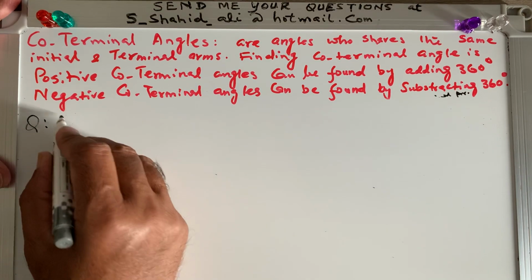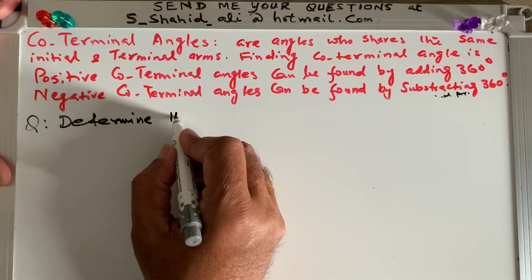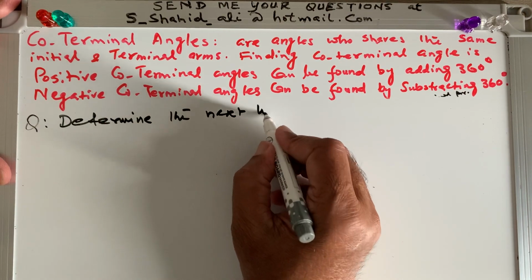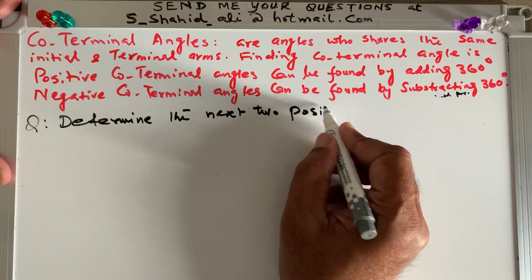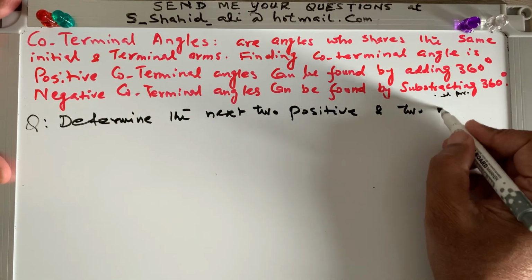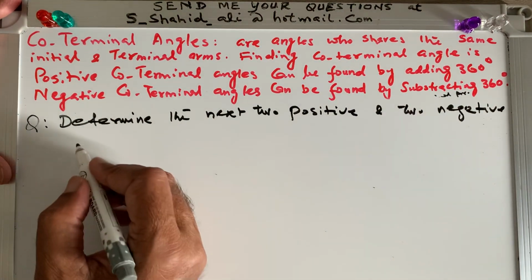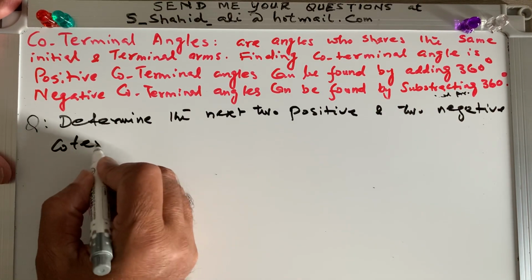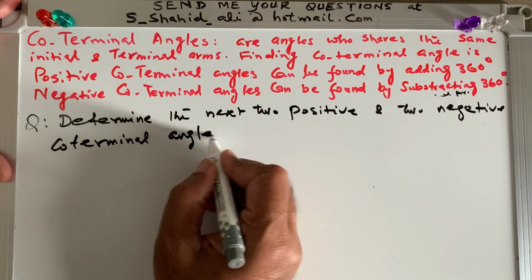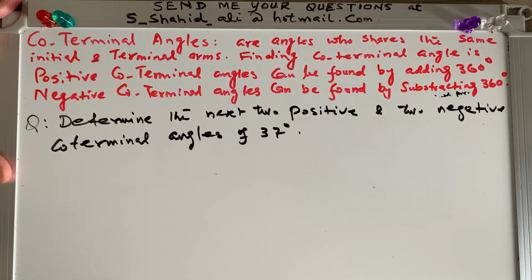So what the question is: determine the next two positive and two negative coterminal angles of 37 degrees. So my angle is given, and what did we learn?